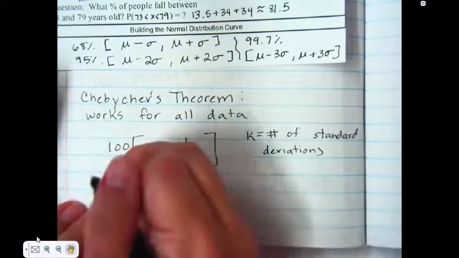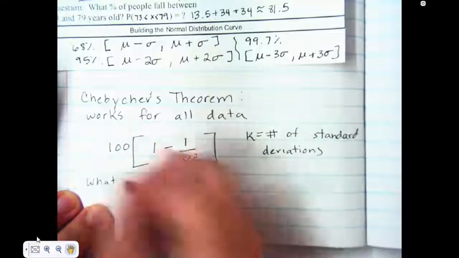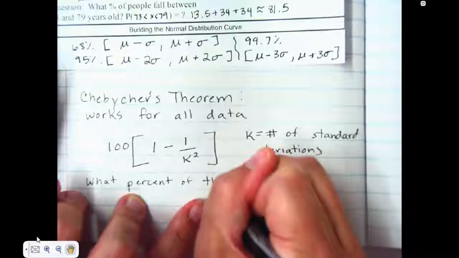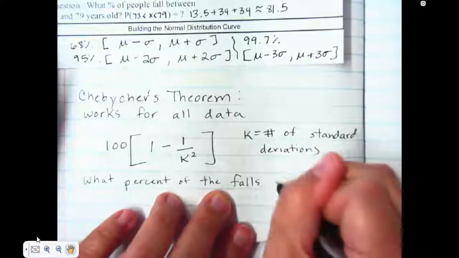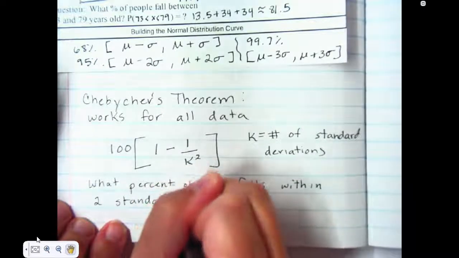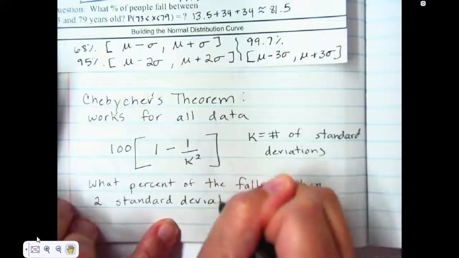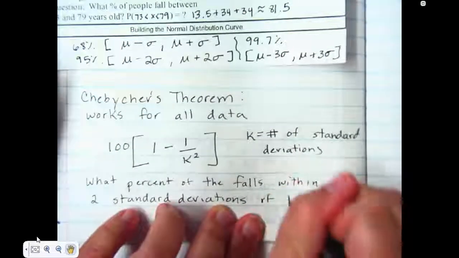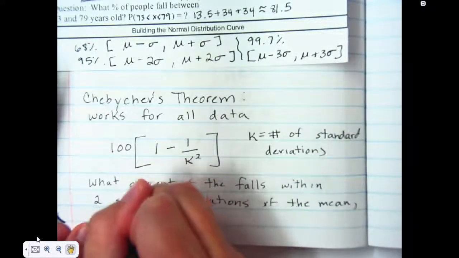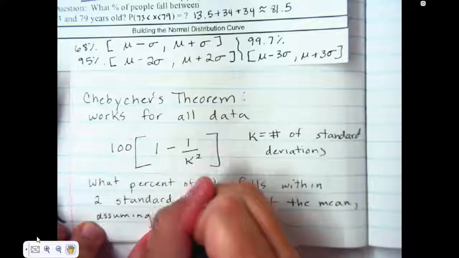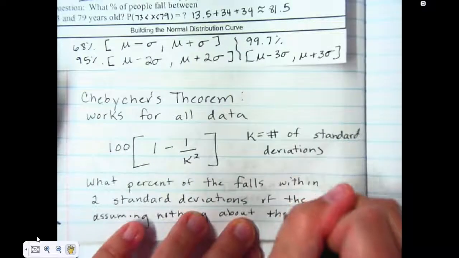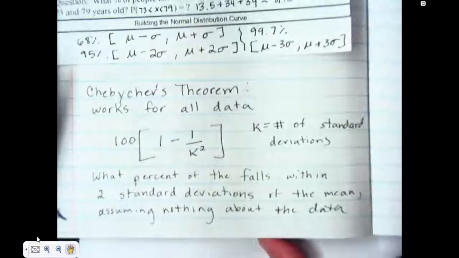If I ask the question, what percent of the data falls within 2 standard deviations of the mean, assuming nothing about the data, so you can't assume it's normal, I would just plug it into the formula.